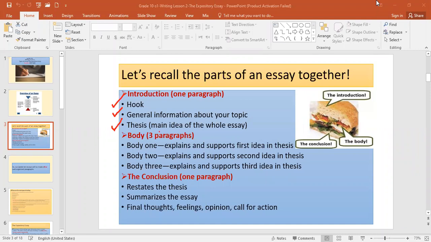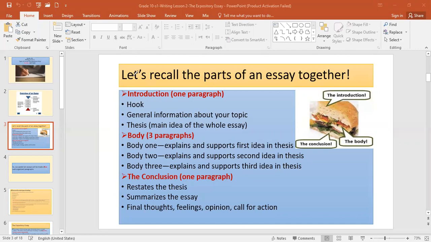Now moving on to the body paragraphs. Any volunteers for reading? I can read. Body 1 explains and supports the first idea in the thesis. Body 2 explains and supports the second idea in the thesis. Body 3 explains and supports the third idea in the thesis.